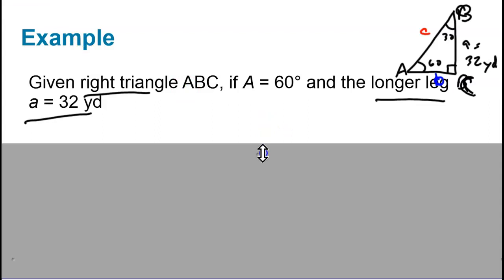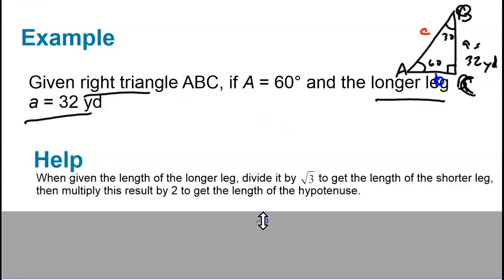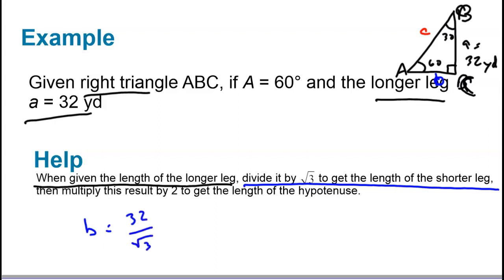Using our rules. And it says that we're given the longer leg. So when given the length of the longer leg, divide it by square root of 3 to get the length of the shorter leg. And so we're going for the shorter leg. And so B is 32 divided by square root of 3. And that's going to give us the length of the shorter leg.